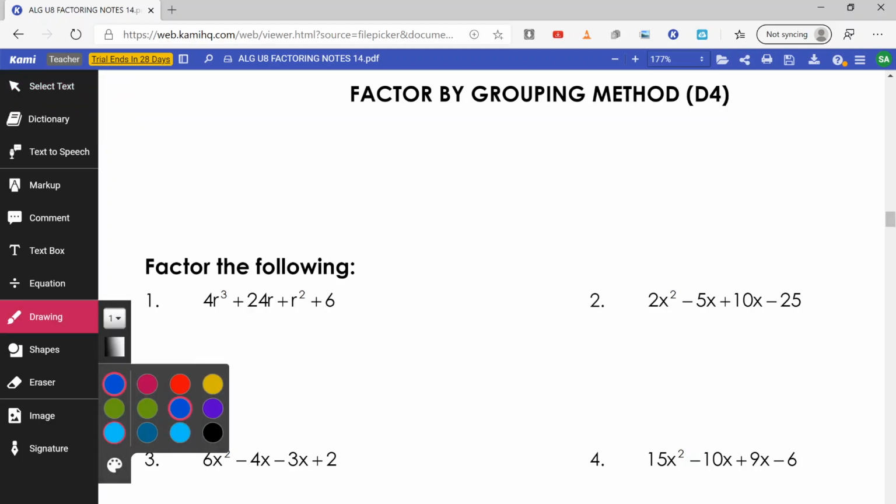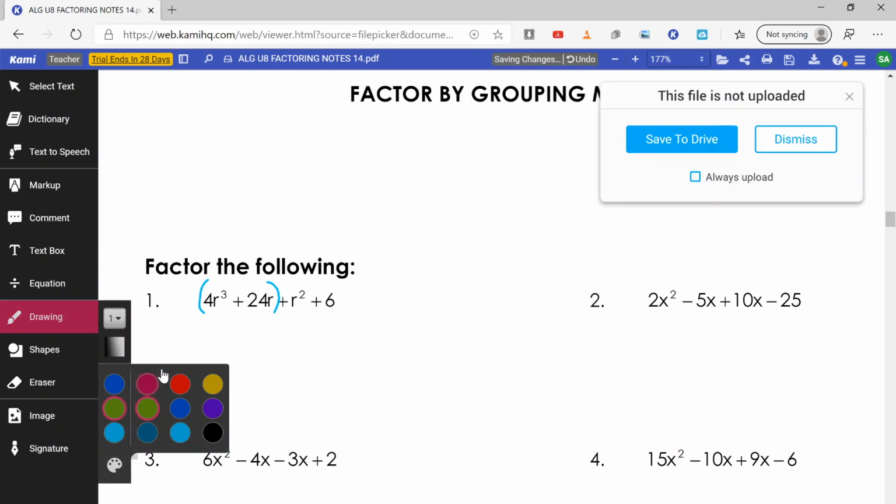When I use the grouping method, I'm going to put two items together in a set of parentheses. So I'm first going to group the first two, and I am going to group the second two. So 4r cubed plus 24r, we have a common factor of 4, because I can divide a 4 off both of them.